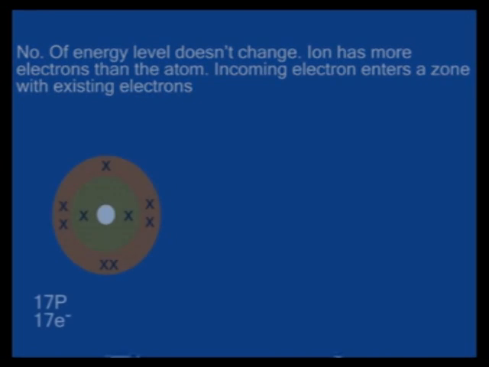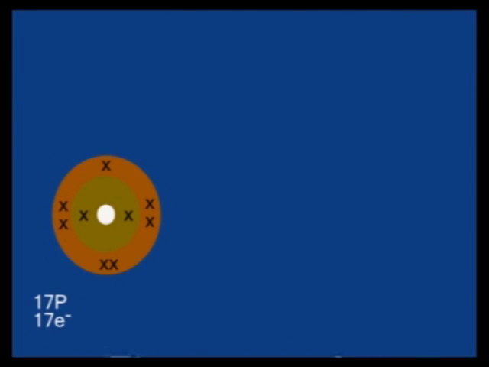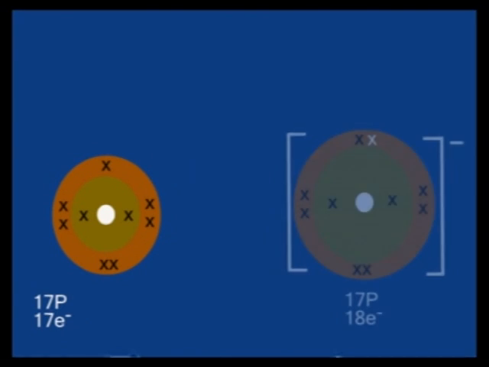The chlorine atom has 17 protons in the nucleus, attracting 17 electrons in the energy levels, correct? On the other hand, the chlorine ion has 17 protons, attracting 18 electrons. The effect of the positive nucleus in the ion is therefore lower.